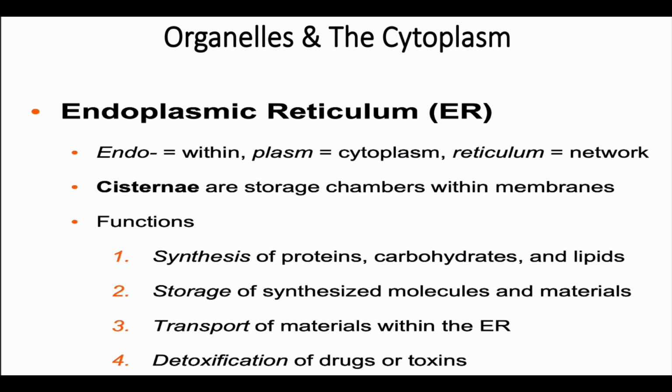And then you're going to be transporting material within the ER as well. The endoplasmic reticulum also has the capacity of detoxifying toxins as well as drugs. Again, remember, the endoplasmic reticulum could be either rough or smooth. And what's different between rough and smooth is the presence or absence of ribosomes.